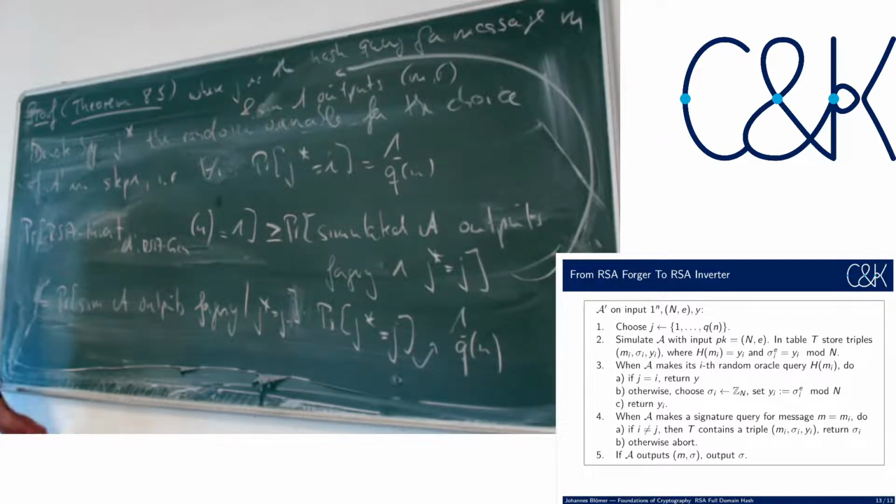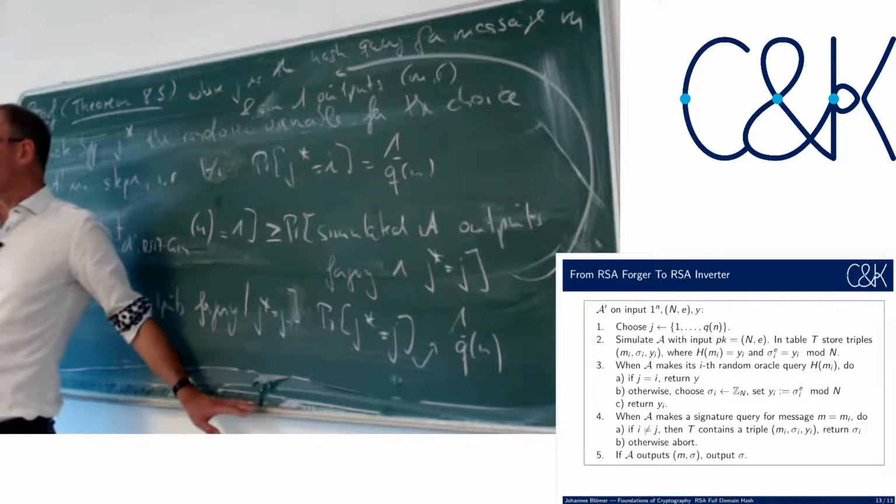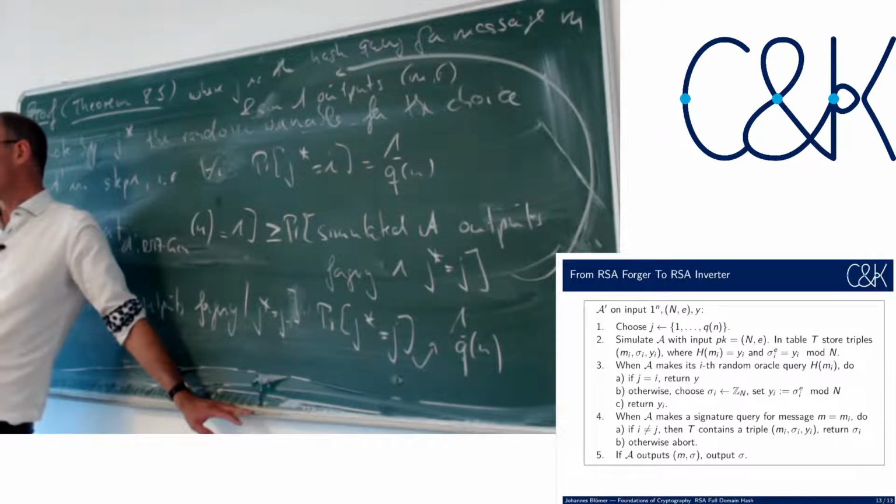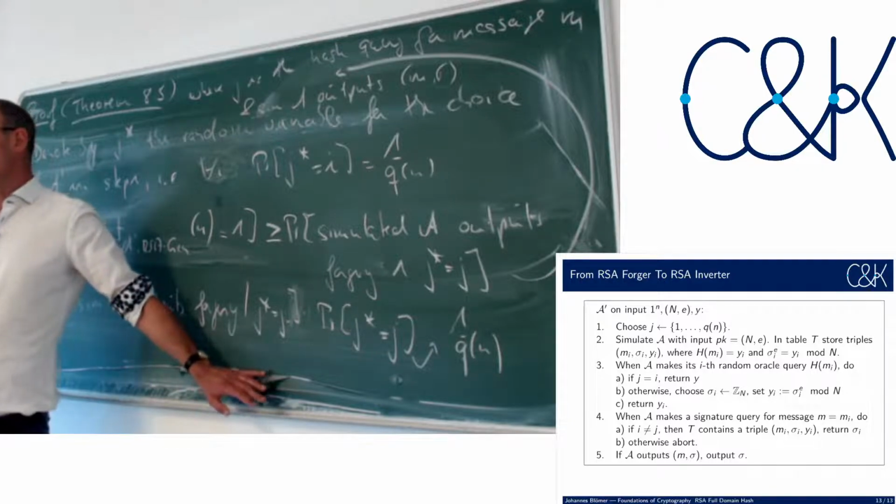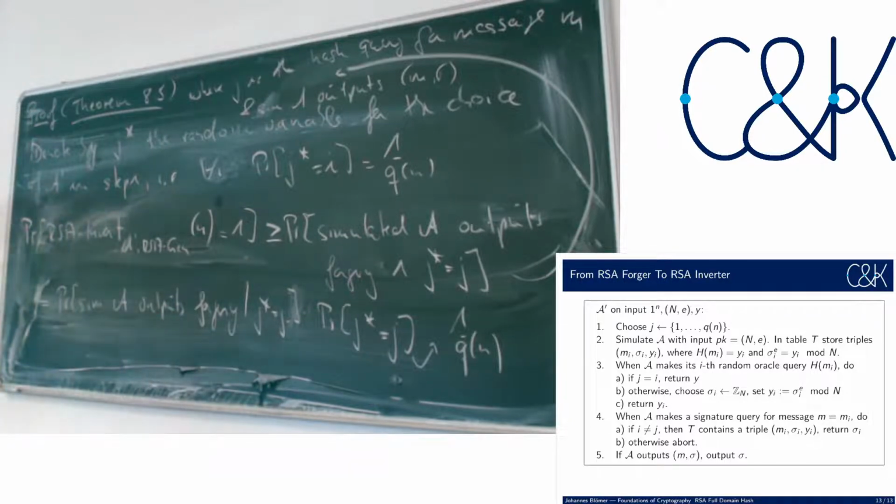And we also know that if we pick that index correctly, then we answer the hash queries correctly, as in the forgery game, and we answer all signature queries correctly, as in the forgery game.